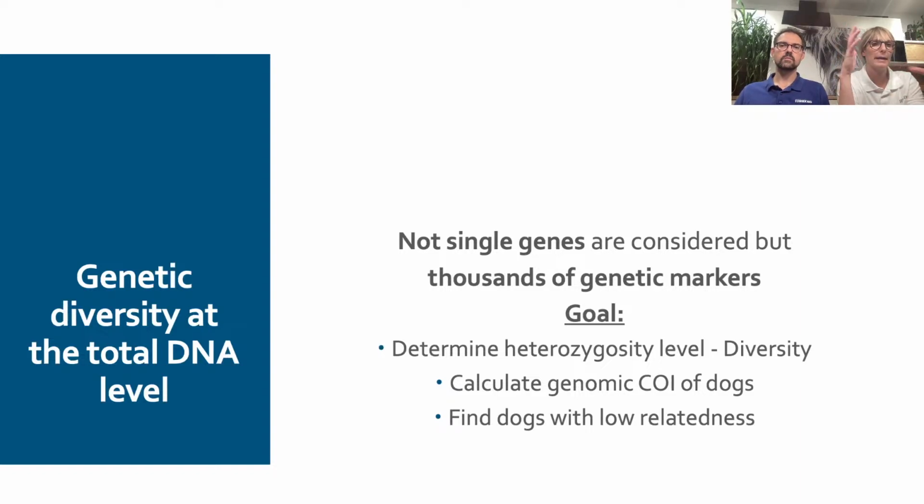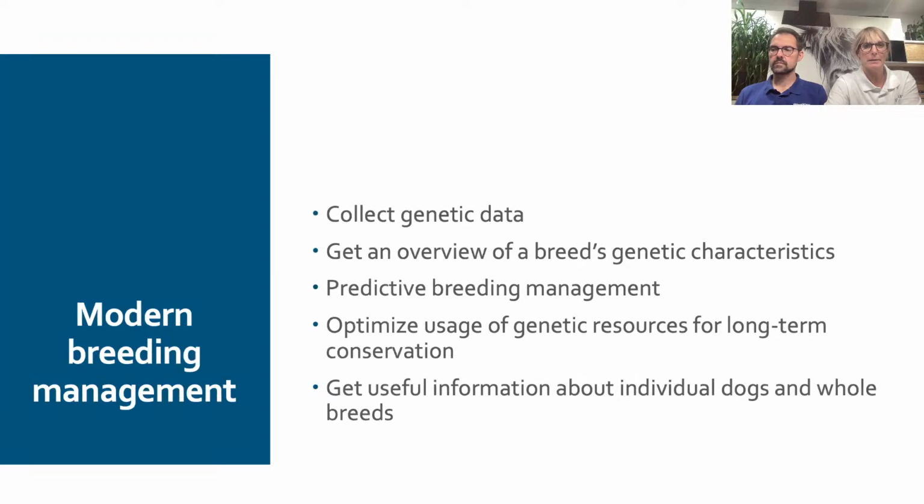So you know exactly where you are located with your breeding or with your bloodline or with your dogs compared to others of the same breed. And we are also able to find dogs with low relationships. So this is an important thing for breeding itself, to find the right mating partner. And I will show you a slide that will tell you in more detail what it means.